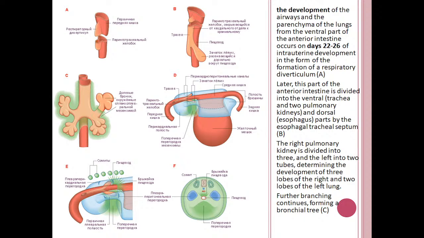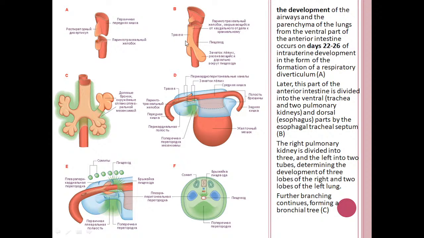Later, you see this in picture A, this part of the anterior intestine is divided into the ventral part, where we see the trachea and two pulmonary buds, which will be the lungs later, and the dorsal part, which is the esophagus.